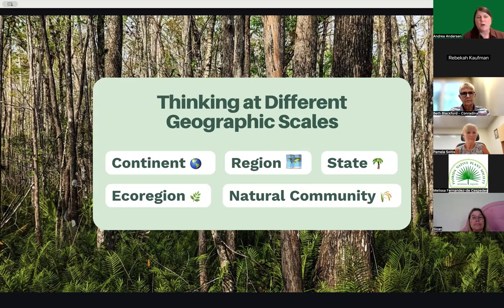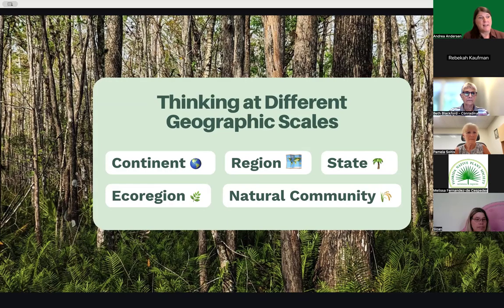Florida contains a remarkable diversity of ecoregions, like we talked about last week, and natural communities. Each of those has its own climate, soils, hydrology, and ecological conditions. As a result, a species may be native to Florida but naturally occur only in certain parts of the state because of the environmental conditions it requires.